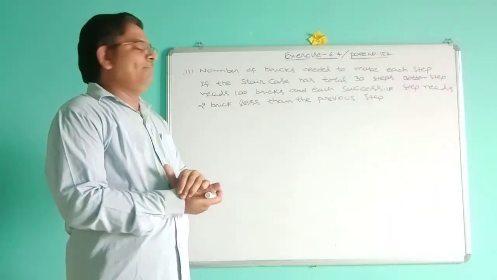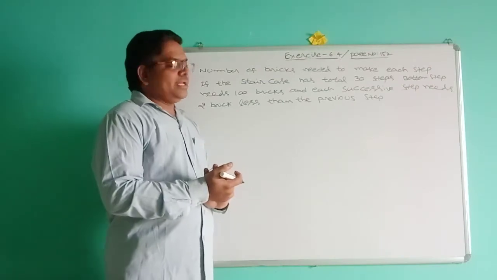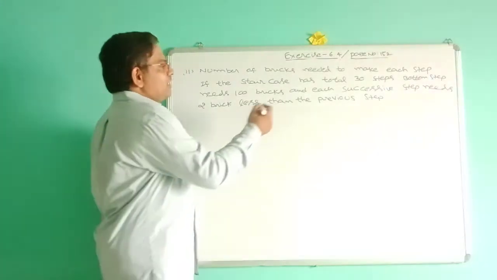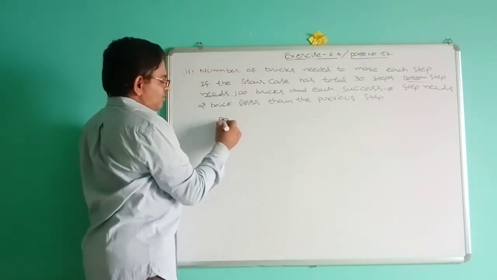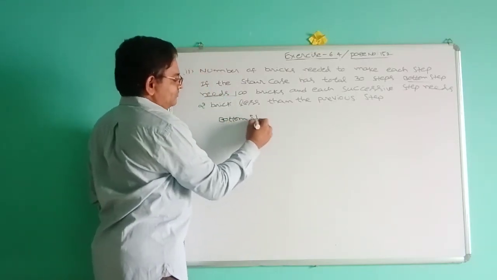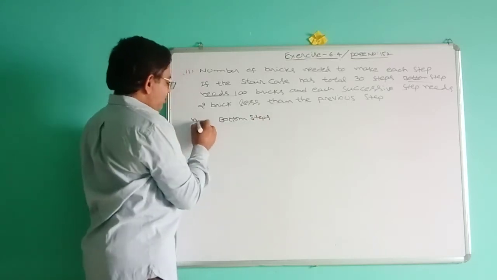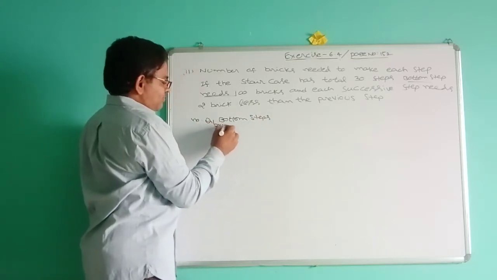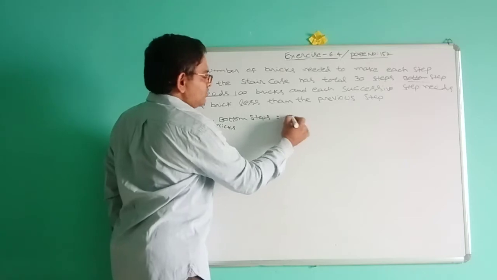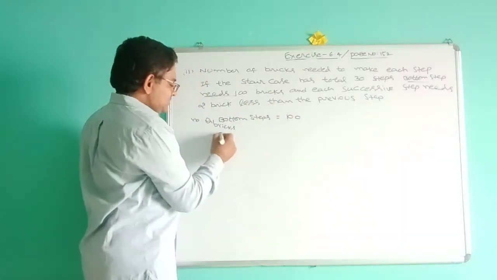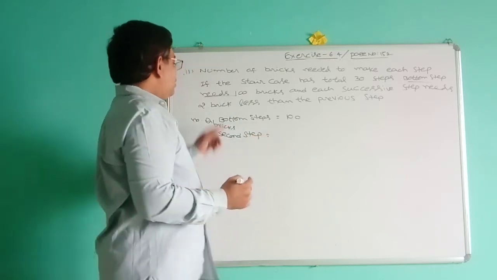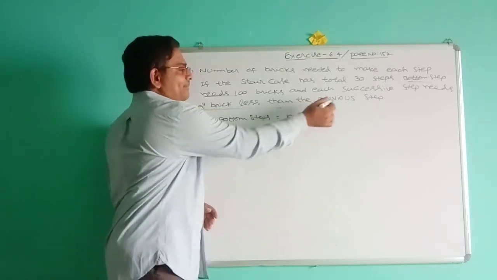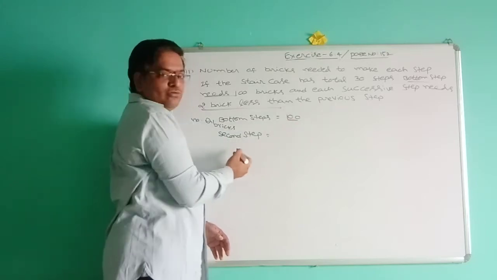See the textbook. How to solve it: first, the bottom step, how many bricks are there? Number of bricks in the bottom step equals 100. Next, the second step, how many will come? 2 bricks less than the previous step. First 100 is there, 2 bricks less.